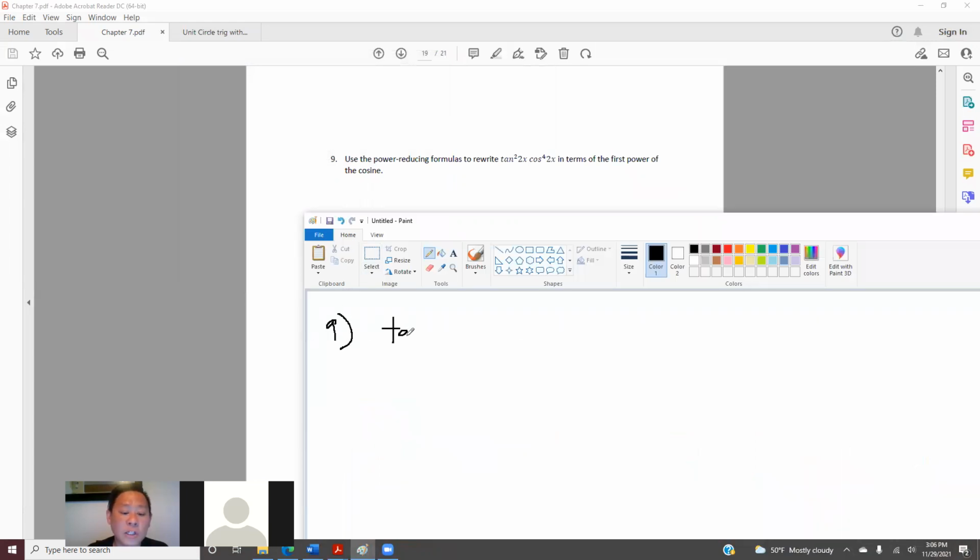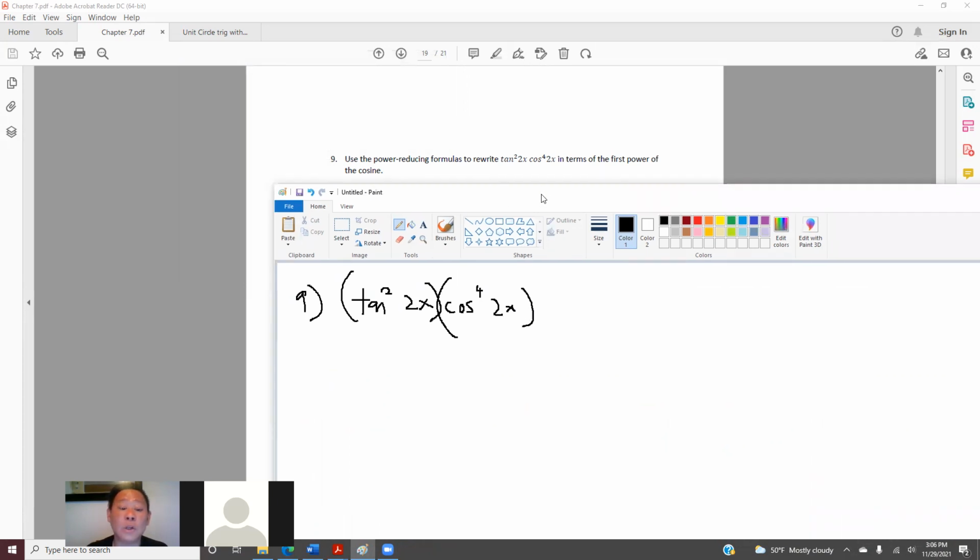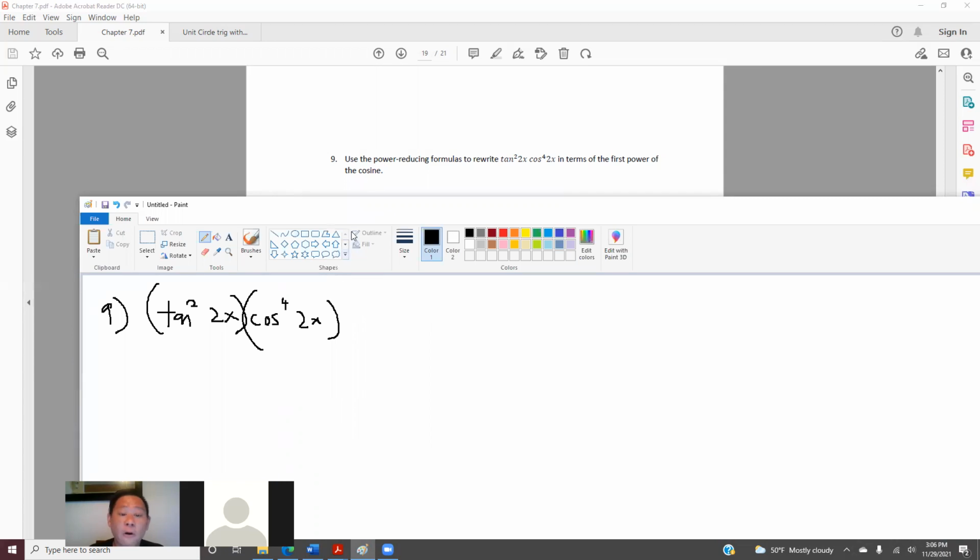Okay. Question 9 is asking us to use the power reducing formula. So you are doing tangent squared 2x times cosine 4 2x. This is because they are powers. Question 9 wants you to write this all in terms of cosine. Sometimes they will also tell you what terms to write in. So it's cosine. Before we use the power reducing formula, we can actually simplify this.